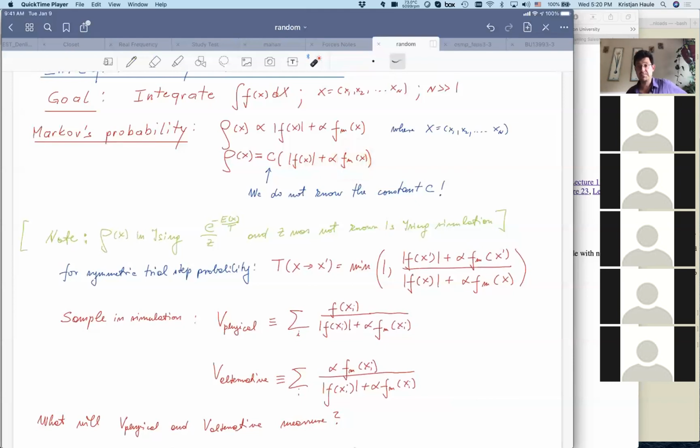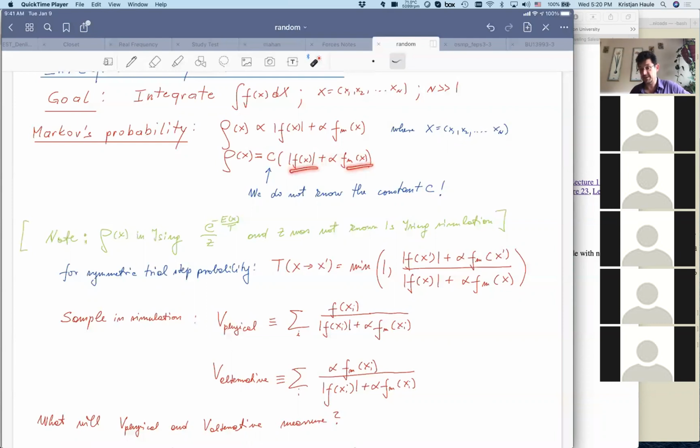So let's say that the large pole or large divergence is resolved by the function fm of x. Let's say that both functions have exactly the same divergences. Then taking alpha very large is going to be okay because we are going to visit all points where the absolute value of f of x is large.